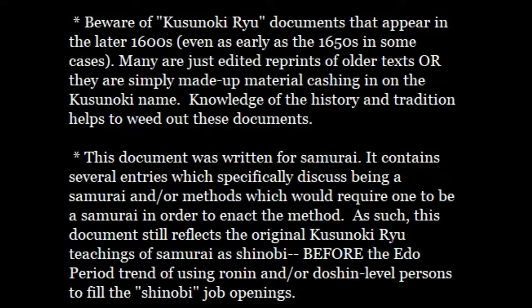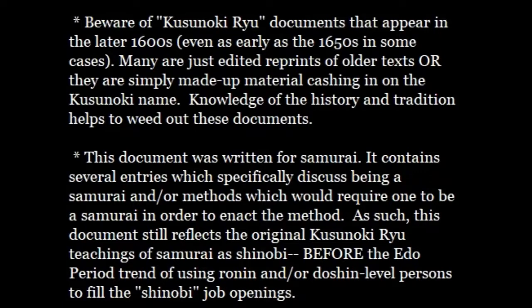Finally, lastly, this document is clearly written for a samurai. It contains several entries which specifically discuss being a samurai and are methods which would require one to be a samurai in order to enact the method. As such, this document still reflects the original Kusunoki Ryu teaching, that of a samurai as a shinobi. So this is before the Edo period trend of using ronin and or doshin level persons to fill the shinobi job openings.